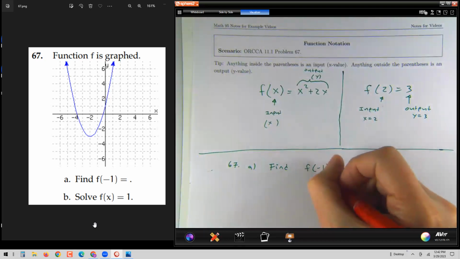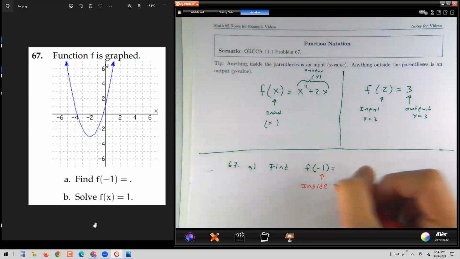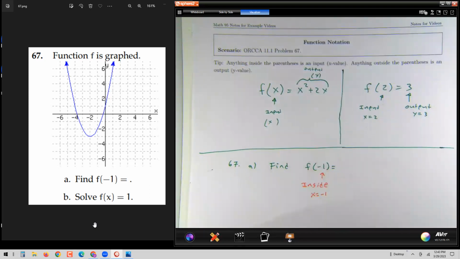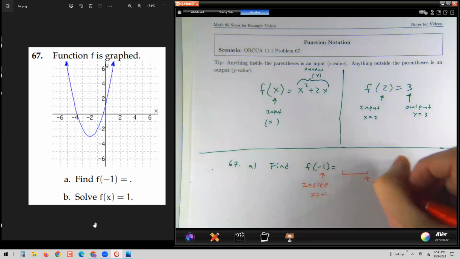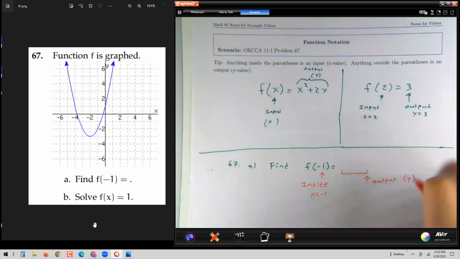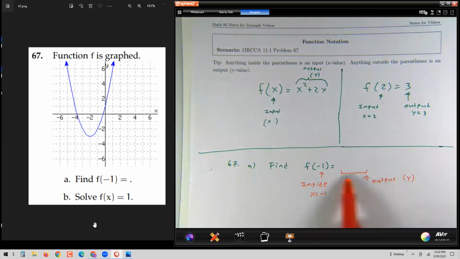I'm seeing -1 is on the inside. And because it's on the inside, that means it's an input or an x value of -1. So the thing I'm trying to find is the output or the y value. So they've given me the x, -1. I'm looking for what is the y value there.